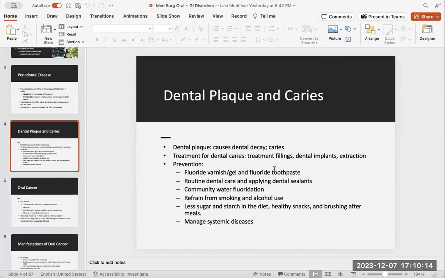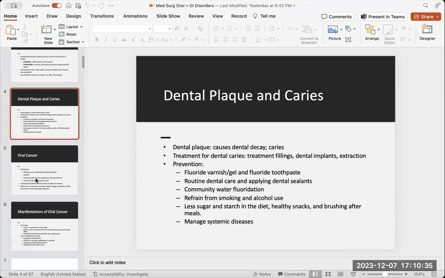Water with fluoride is very good for your teeth because it has a lot of minerals that are really good for your teeth, better than regular bottled water. Eat less sugar and starch, because that can lead to tooth decay. Eat healthy snacks, and always brush your teeth after meals. And once again, it can lead to systemic problems.